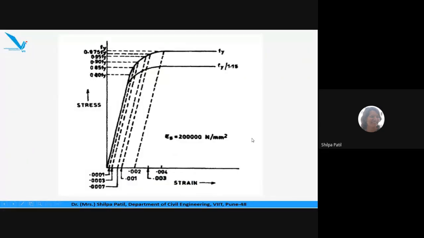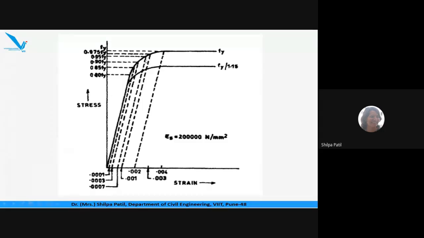Now, if you observe this curve, this is the curve for HYSD bar, in which the curve is linear up to this point, where the pointer is there, and beyond that, this is the non-linear portion. So for this non-linear portion, obviously we cannot apply the Hooke's law, because Hooke's law is applicable only for the linear part of the curve.